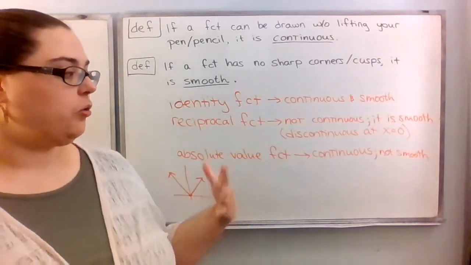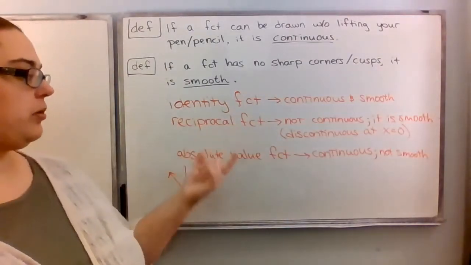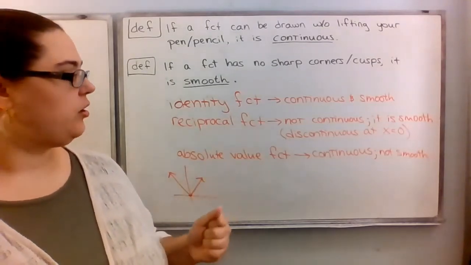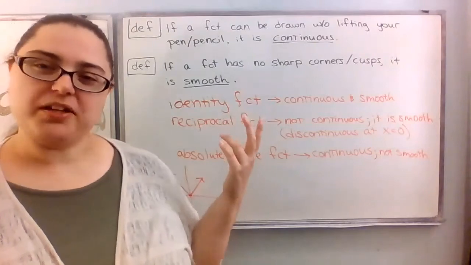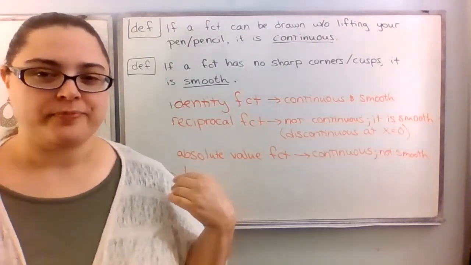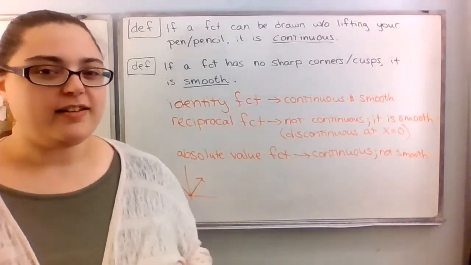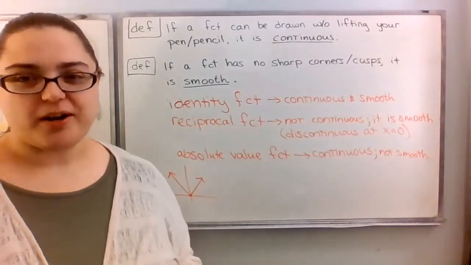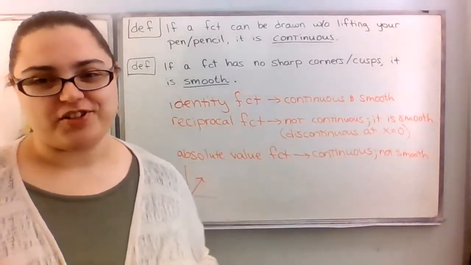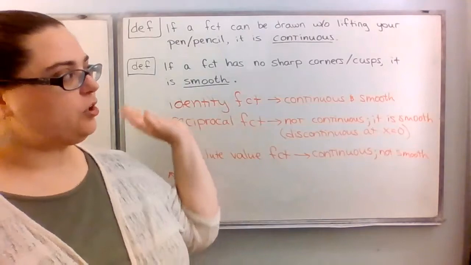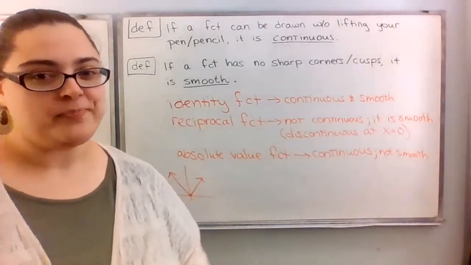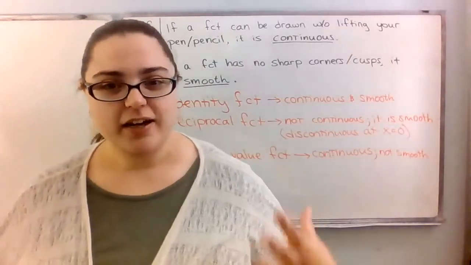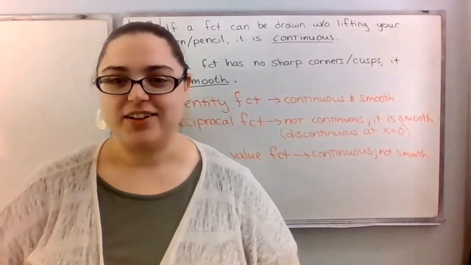They could be one and not the other, such as the reciprocal or the absolute value function, or they could be both, like the identity, or what would it look like if they were neither? So think on that, and we'll probably talk about that in class. It'll probably be on one of our check-ins, but this is just a real quick introduction to the concepts of continuity and smooth. Hope that gives you some idea of what these properties are going to look like.